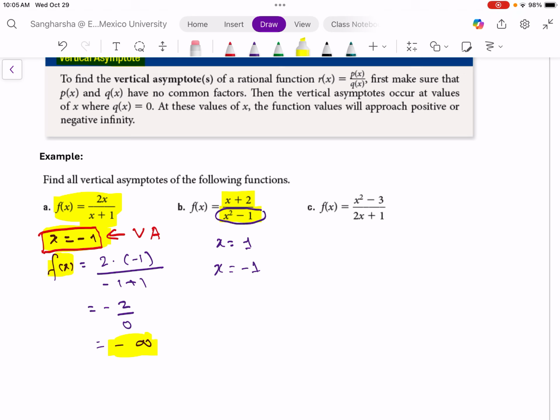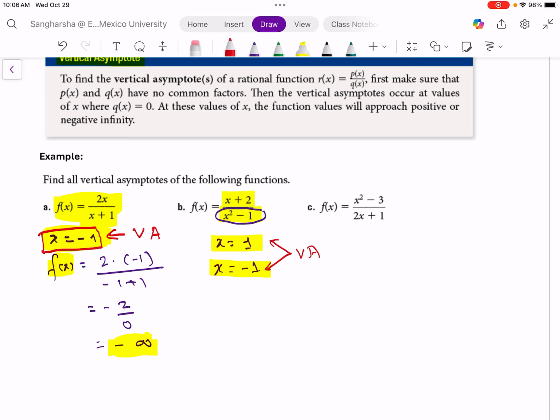It means x equals 1 and x equals -1 are the two vertical asymptotes for this rational function. You find a number that makes the denominator equal to 0, and x equals that number is a vertical asymptote. So these are the vertical asymptotes for function f of x.